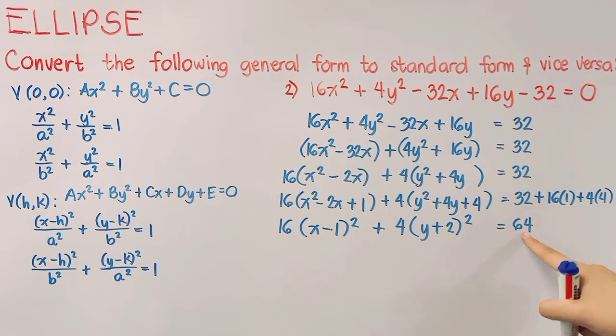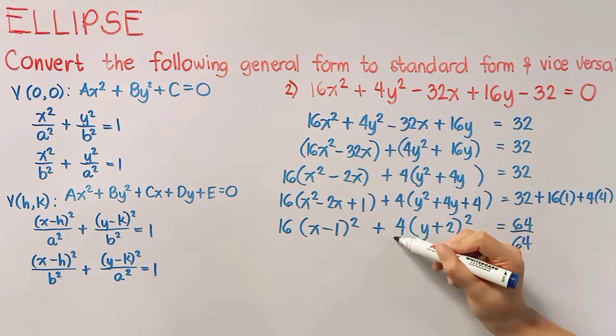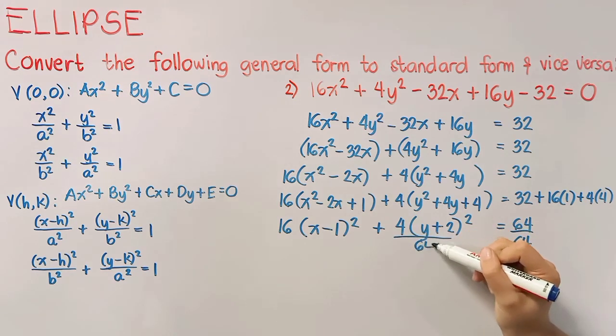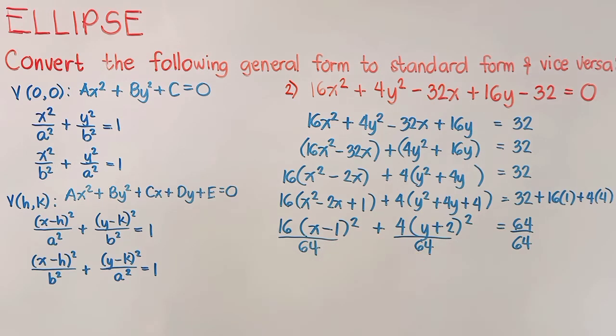Therefore, we will divide this side by itself. Now remember, this is an equation, so what we do on one side should also be done on the other side. Therefore, we will be dividing both the terms on the left side by 64. Now our right side is 1.